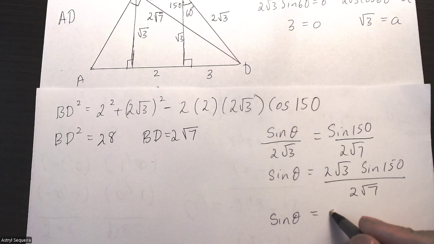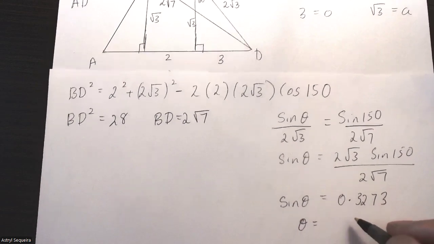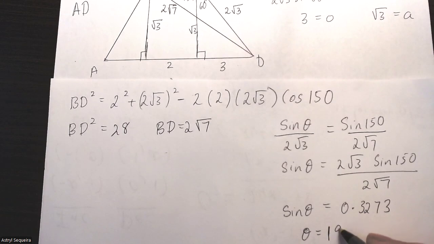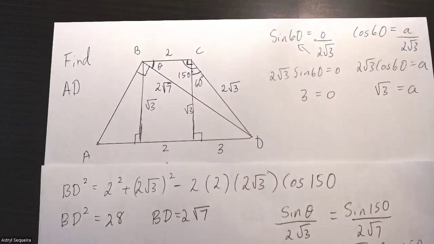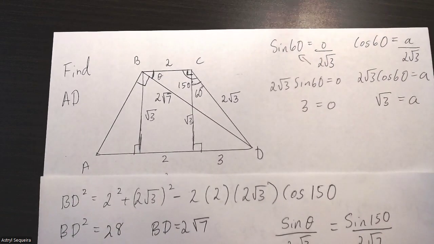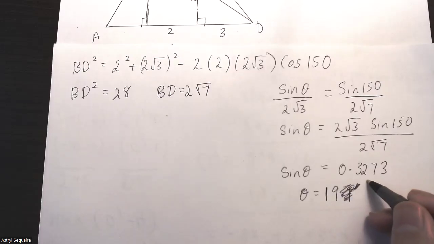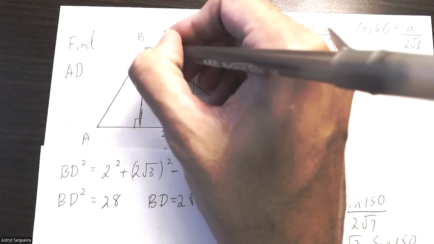I get 0.3273, and then I'll just do the inverse sine of that. And theta equals 19.1, so either 19 or 19.1 degrees. Okay, I'll just do it as one decimal place, 19.1 degrees. You know what, actually, I'll just round it, make it a bit easier, but if you want to go a bit more exact, you can do that. I'll do it as 19 degrees. So I know theta over here is 19 degrees.